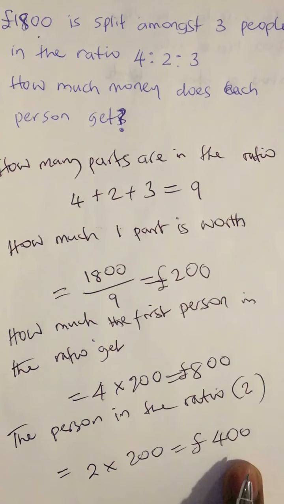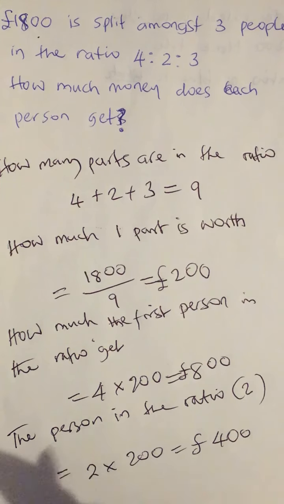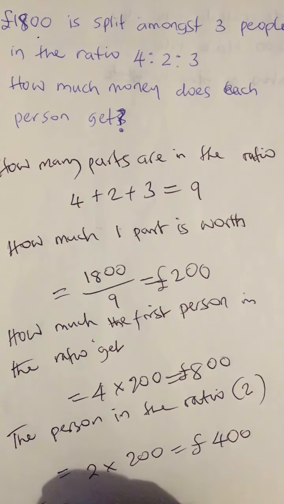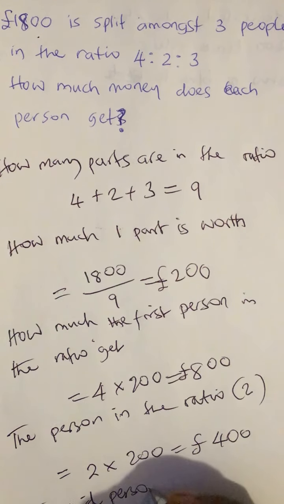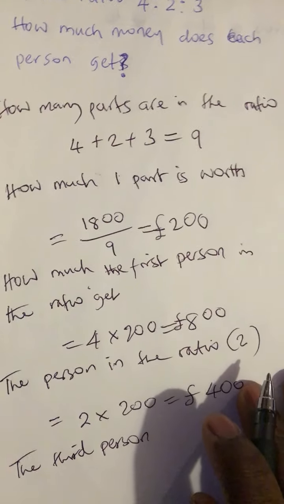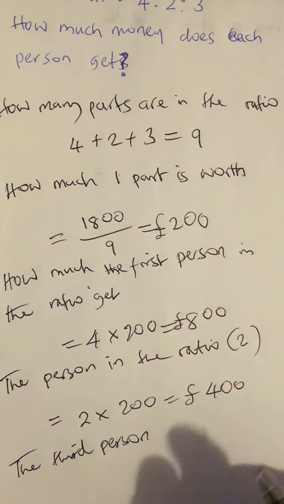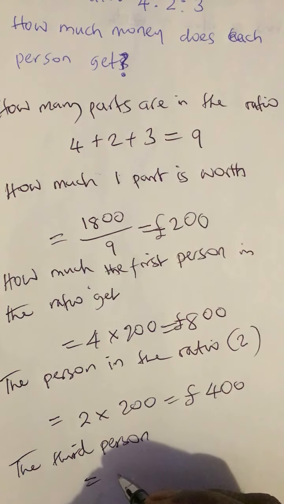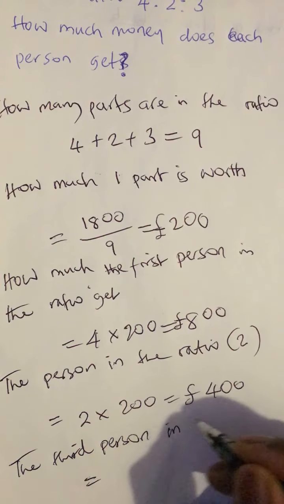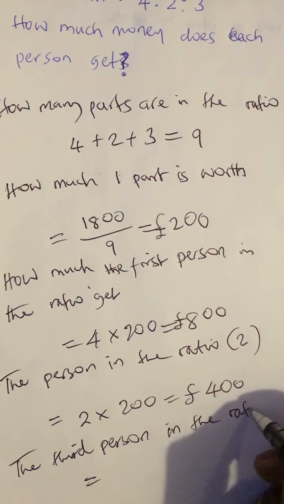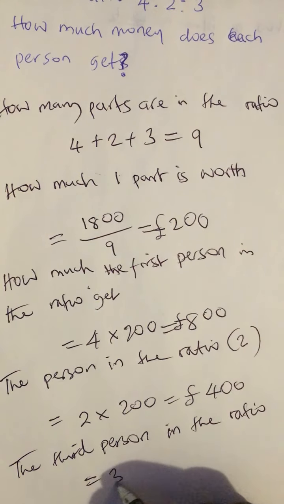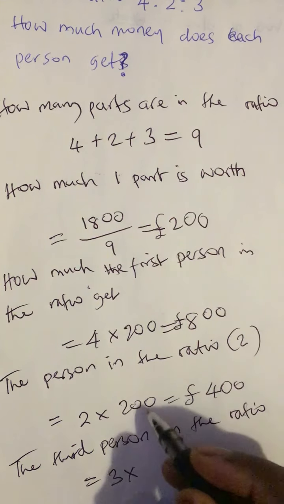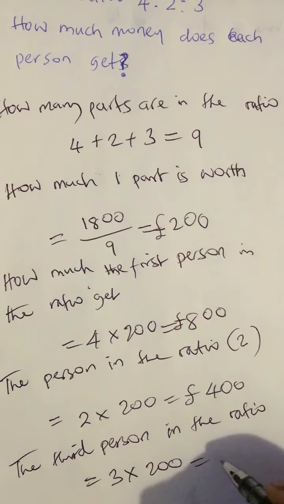So the second person in the ratio gets £400, and the third person will get 3 times 200, which is equal to £600.